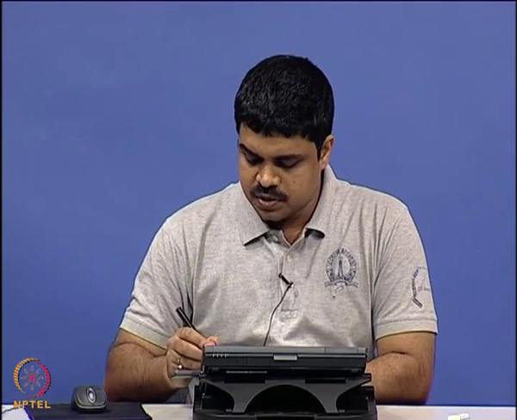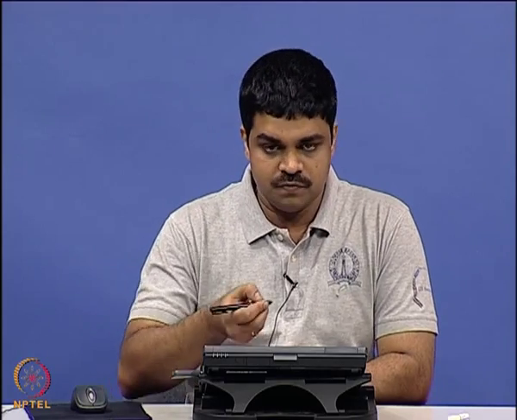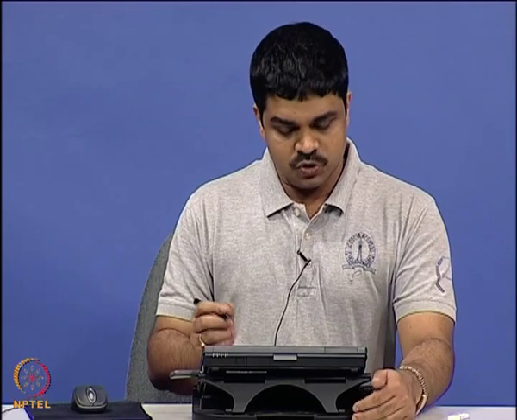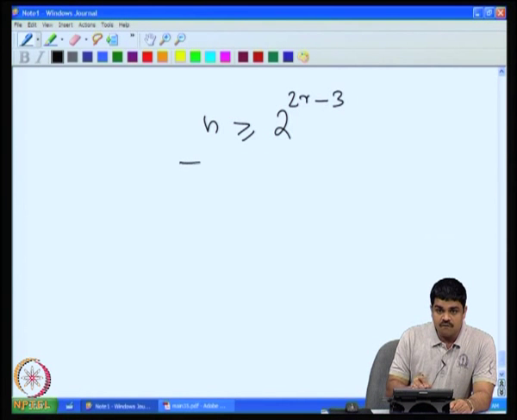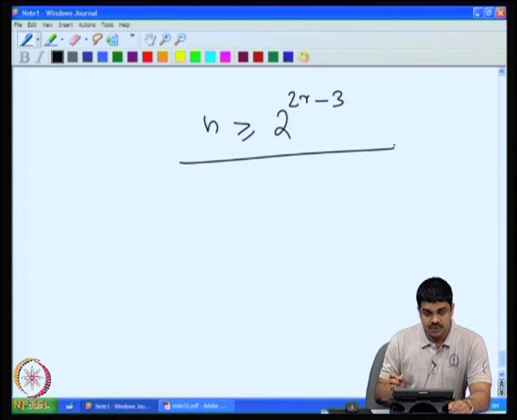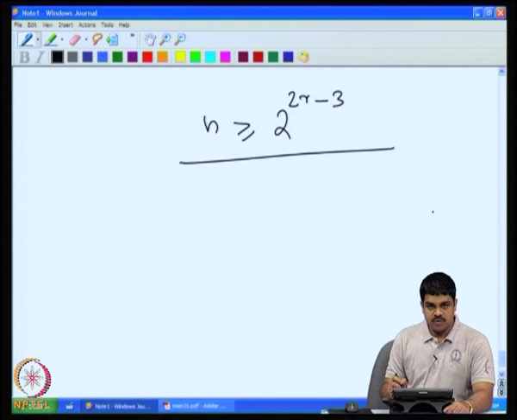So, we are giving a quick proof that when the number of vertices is reasonably large, it should happen. For instance, if n is greater than or equal to 2 to the power 2r minus 3, we will show that this property will automatically come. Why do we think like that?